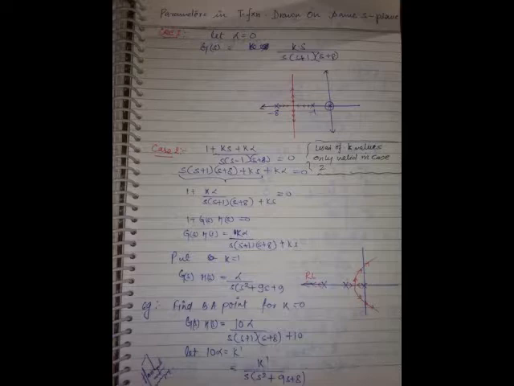To draw root locus, we require the open loop transfer function. The open loop transfer function of this is k into s plus alpha by s into s plus 1 into s plus 8.